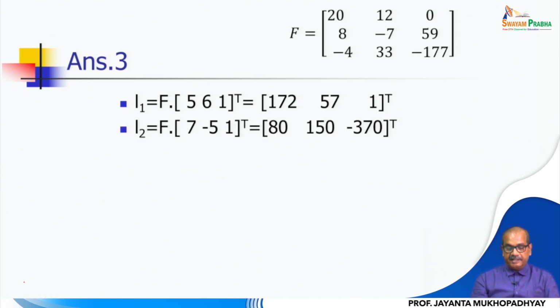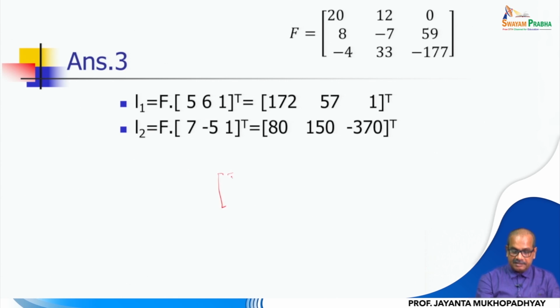Similarly, you can get the epipolar line corresponding to the point 7, minus 5 that was given as the second point. Once again you express it in the homogeneous coordinate system as 7, minus 5, 1.